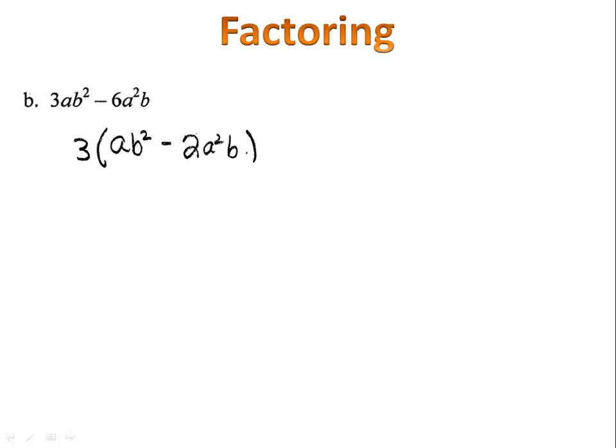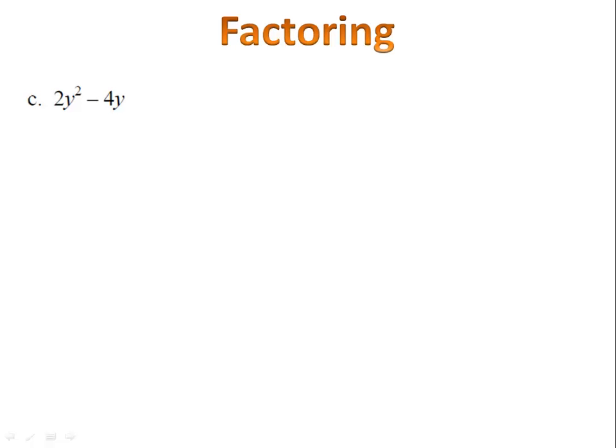I also notice that I have b's in both of those terms. Well, let's see, I have b squared and b to the 1st. b to the 1st has the smallest exponent, and so I'll pull out a b. Now I divide each side by b. When I've done my division, I end up with simply a b minus 2a inside the parentheses.